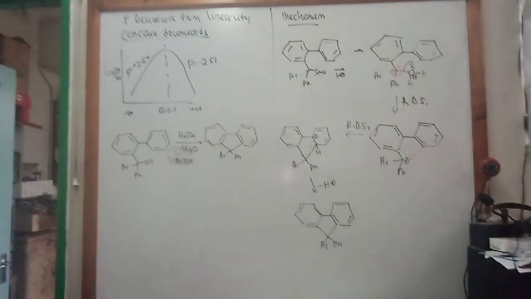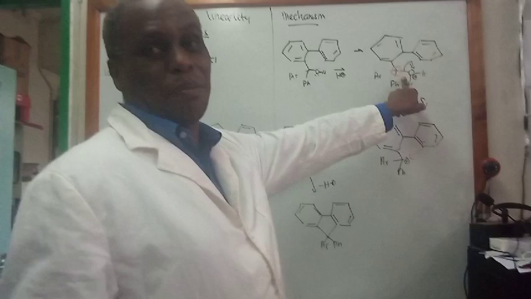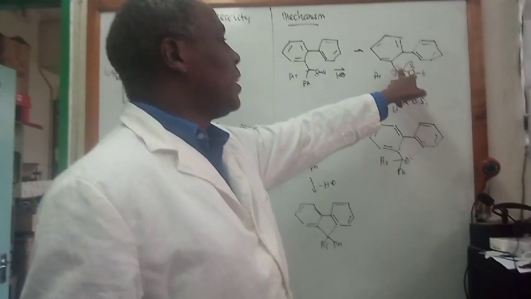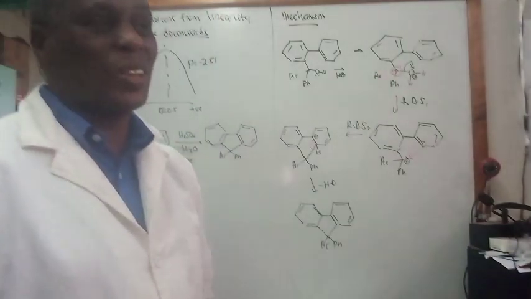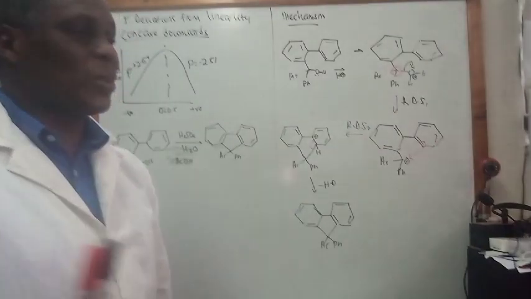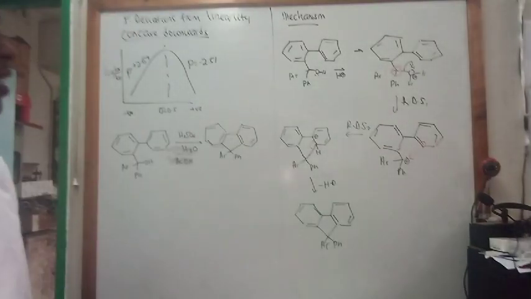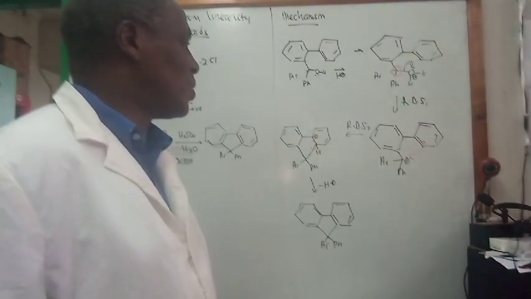So for this rate determining step, what's going to be happening? The electrons will be going away from the reaction center. So the ones with the extreme sigma values are going to destabilize that transition state.